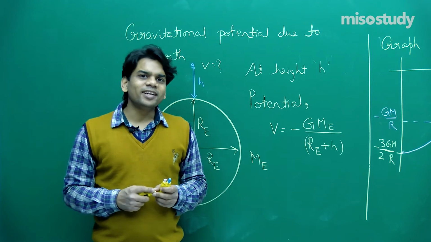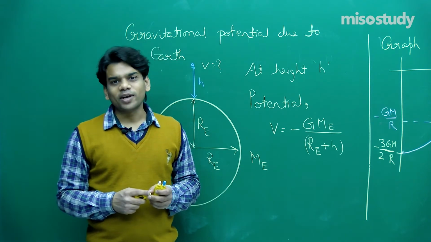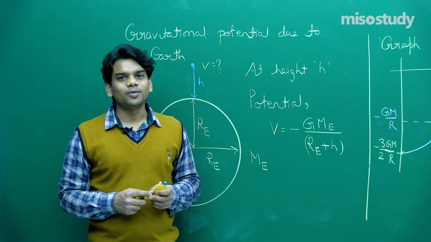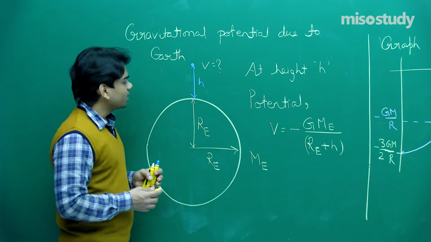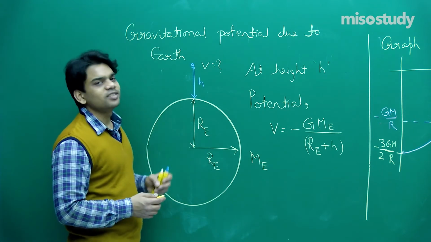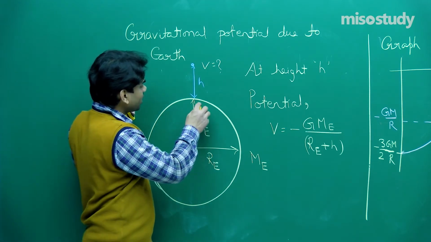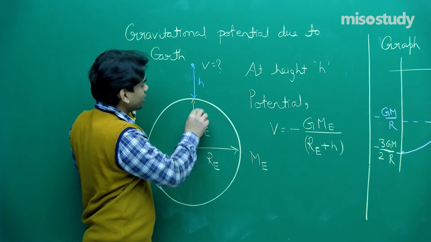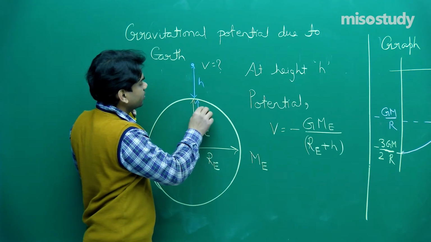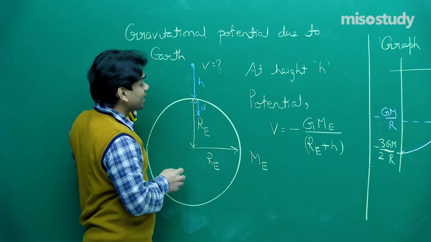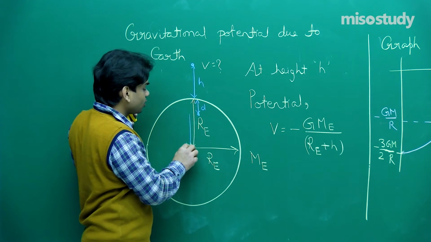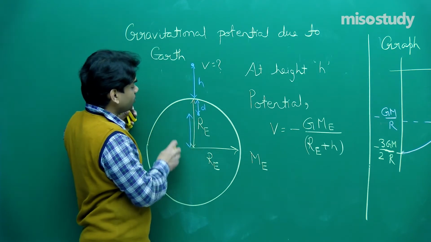What about at any depth? You are interested to find out the value of gravitational potential at any depth d. Let's say we are required to find out potential here at depth d. Then can you say that this distance will be Re minus d?